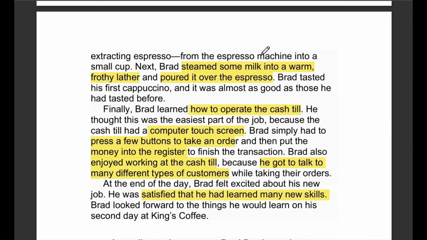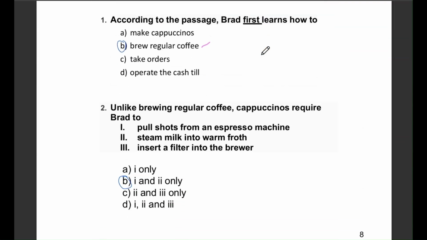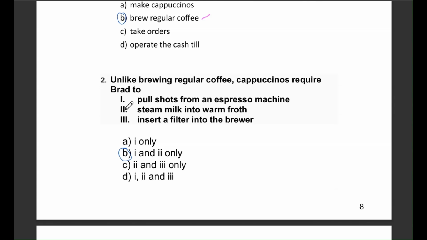Question 2 says, unlike brewing regular coffee, cappuccinos require Brad to pull shots from an espresso machine, steam milk into warm froth, and insert a filter into the brewer. Now, we need to decide which steps he actually needs for a cappuccino. The correct answer here is B, which is I and II only.